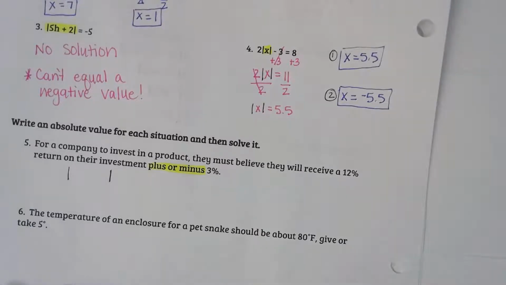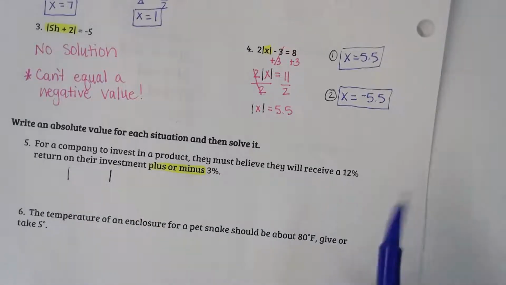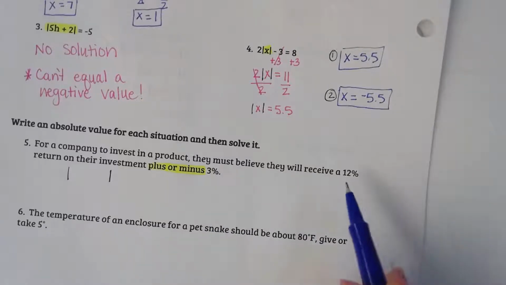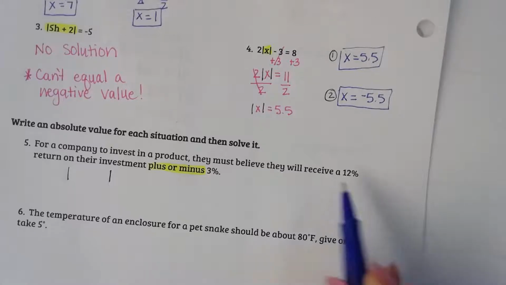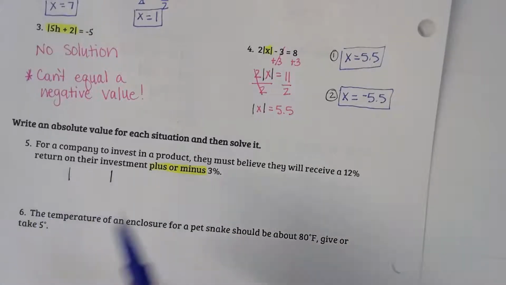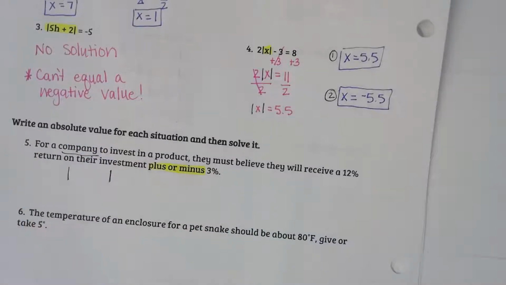Okay, so a company to invest in a product, they must believe that they will receive a 12% return on their investment. So if you return it, that is money that the company is giving back because you're returning it.